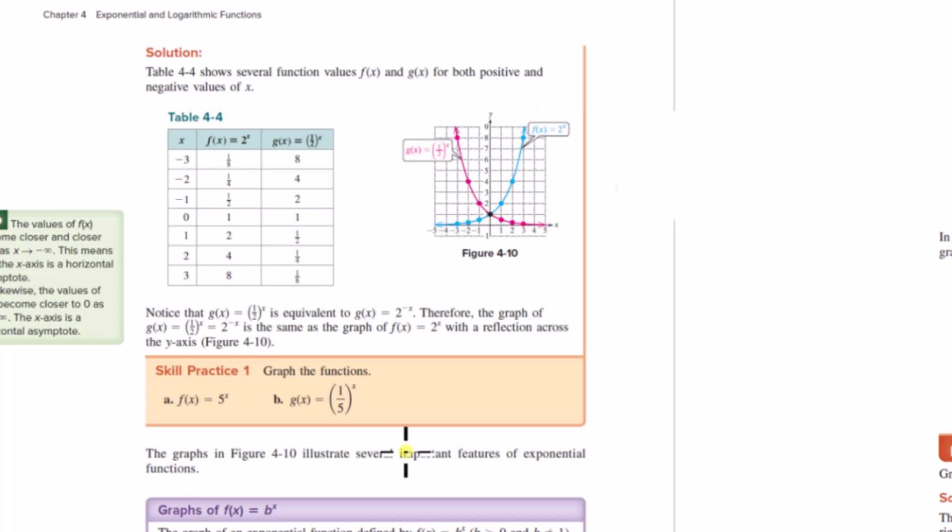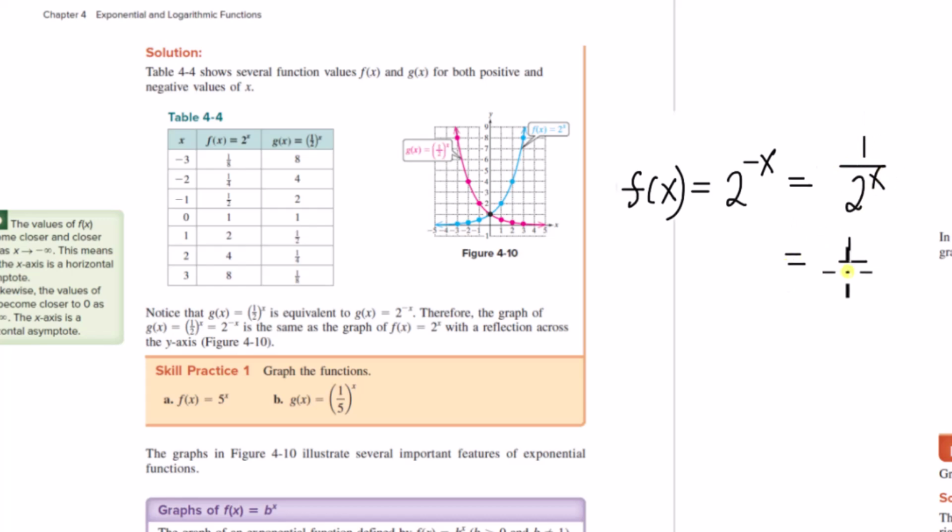Now, one thing we can notice is that if we flip an exponential function, so 2 to the x, if we flip this about the y-axis, so we put a minus in front of the x, well, the result is what we get.